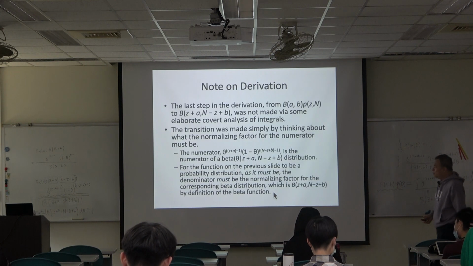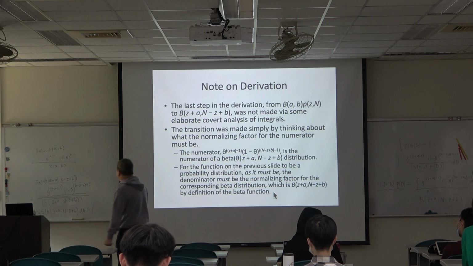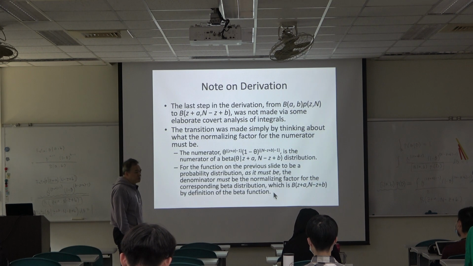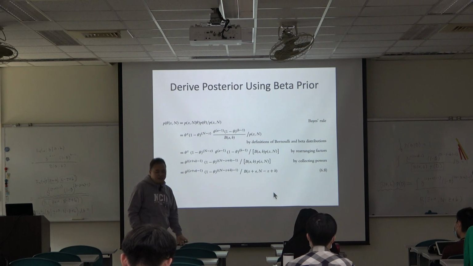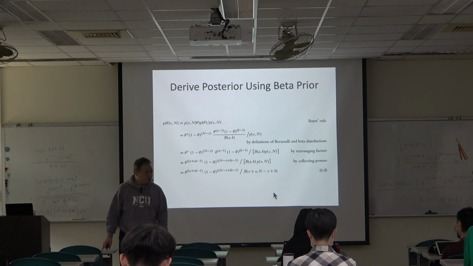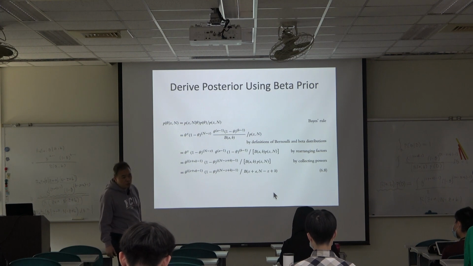So once you acknowledge that, it becomes very interesting. First, you know that if the prior is a beta distribution and the likelihood is binomial, you can analytically derive the posterior, which is also a beta distribution.